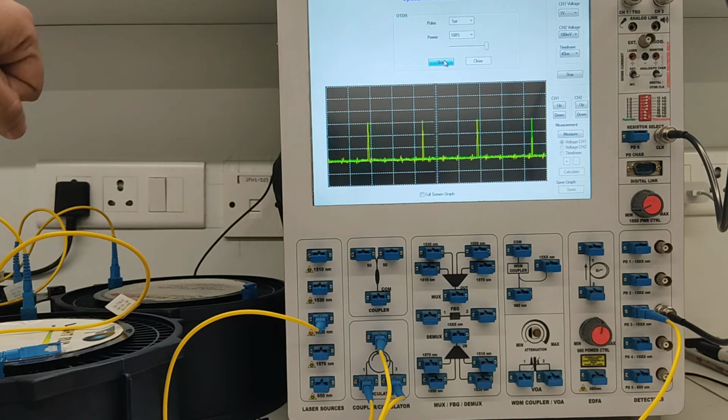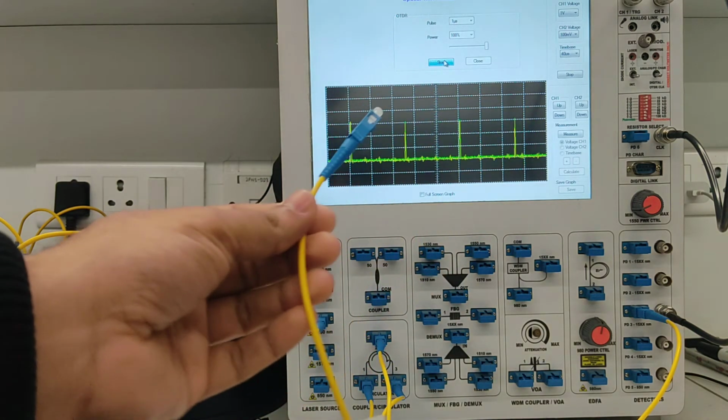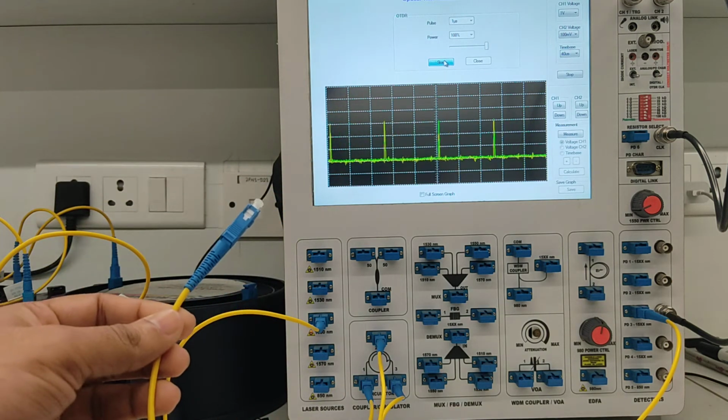Now I will connect this to the spools that we have. We have 3 spools with 2 ports each, of 1 kilometer, 2 kilometers and 3 kilometers. Jointly we can get 6 kilometers as a whole. How will you do that? Just like what we did in our dispersion experiment. We connect this patch cord to one of the ports of a particular spool.